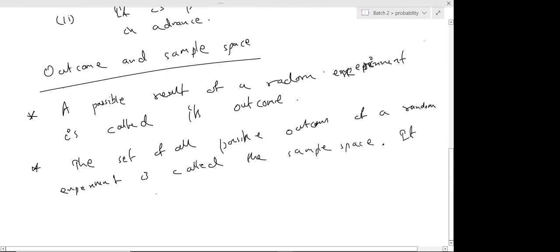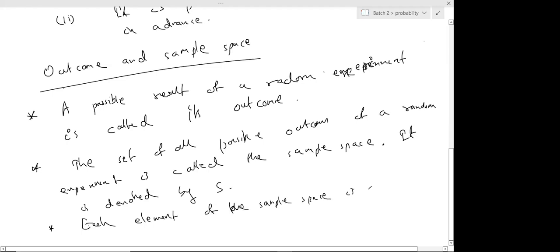It is denoted by capital S. Each element of the sample space is called a sample point.